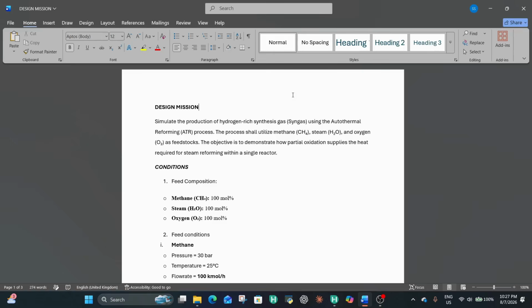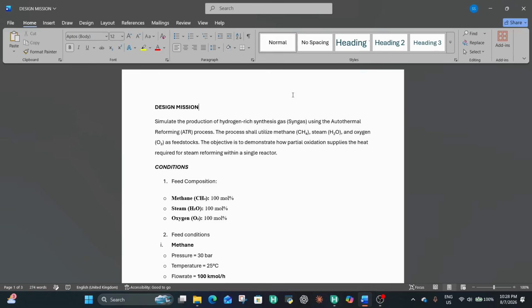In the ATR, we do not use a furnace. Rather, we generate our own heat needed to drive the SMR internally using a reaction called partial oxidation, and we're going to look at what that is all about.